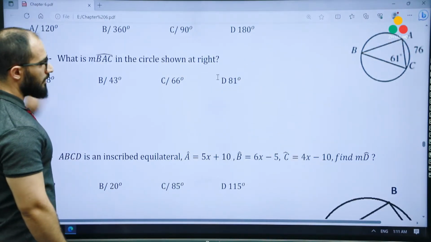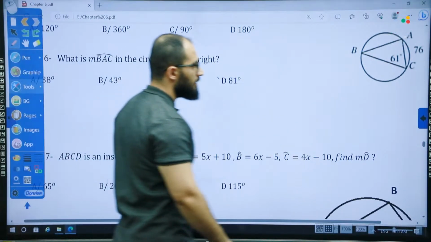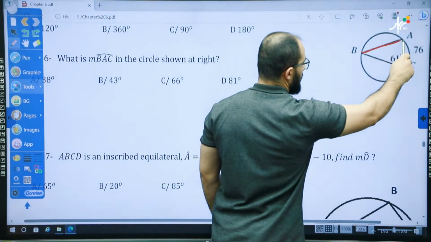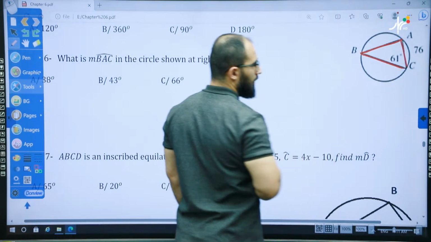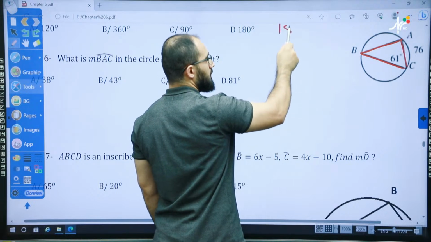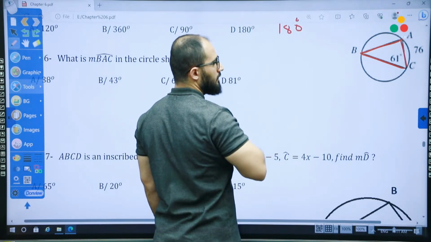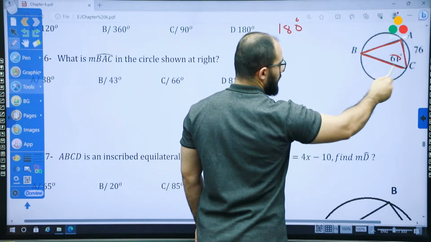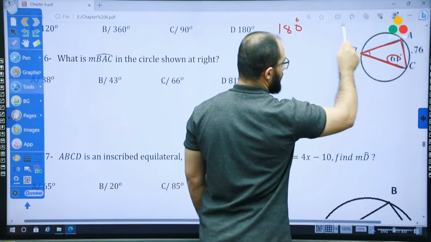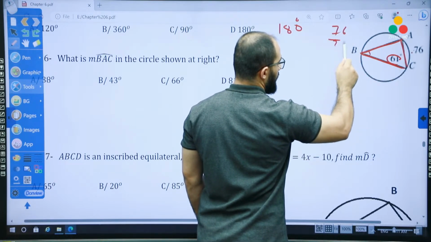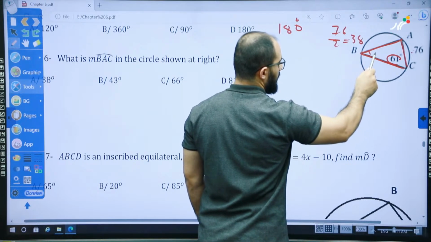Again, we have that graph. It says find BAC. How can you find it? Because it's a triangle, the sum of the interior angles is 180. One of the angles is known. We can find the second one by using the arc 76 divided by 2, which is 38.